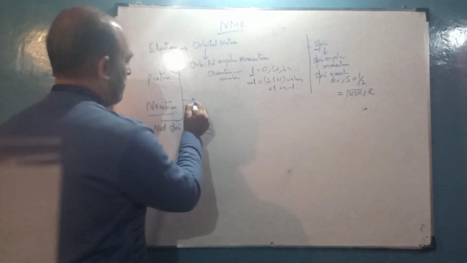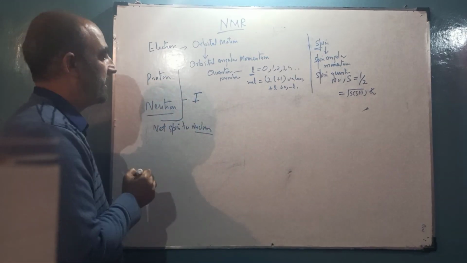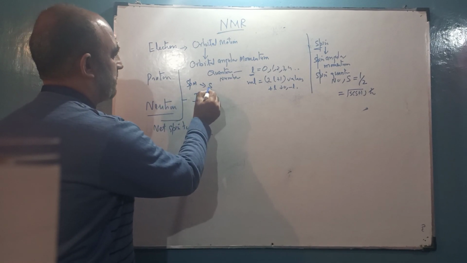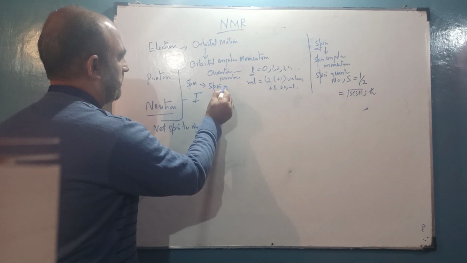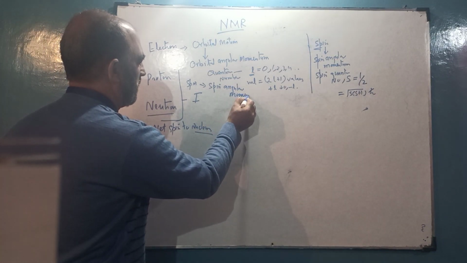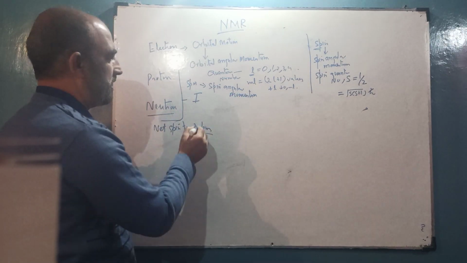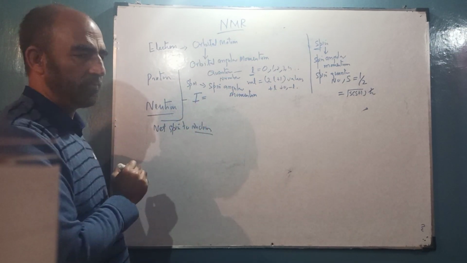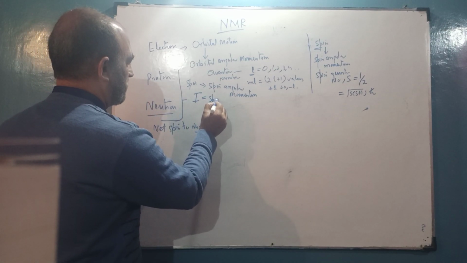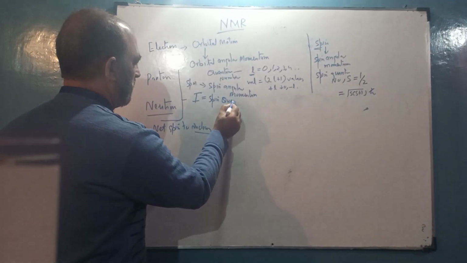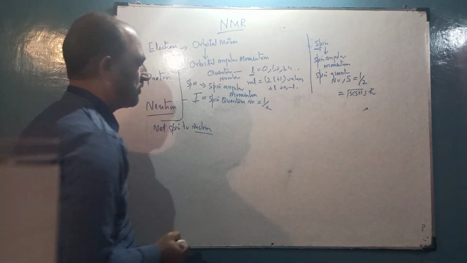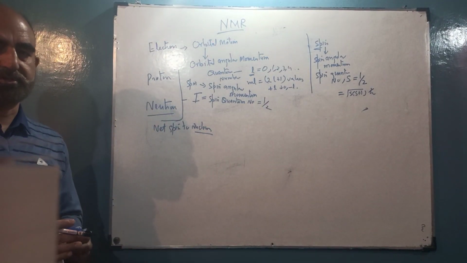Protons and neutrons have spin, and because of spin they have spin angular momentum. And the I value, the spin quantum number, I represents the spin quantum number, and that is 1 by 2 for protons and neutrons.